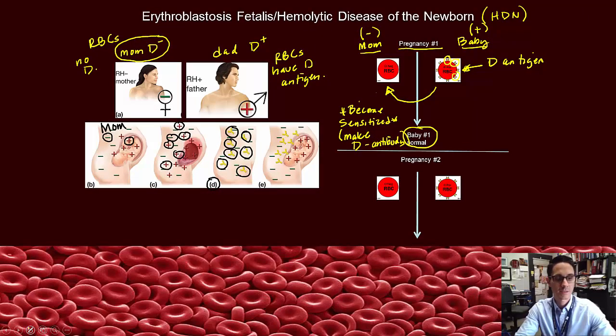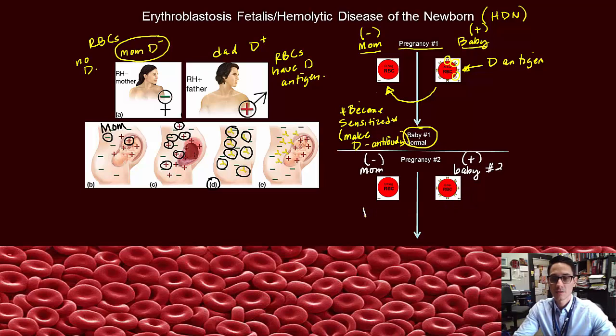If mom gets pregnant again, baby number 2, pregnancy number 2 occurs and mom is still negative, and the second baby is also positive. So this is baby number 2. Baby number 2 is positive. We can see baby number 2 has the D antigen just like the previous baby.